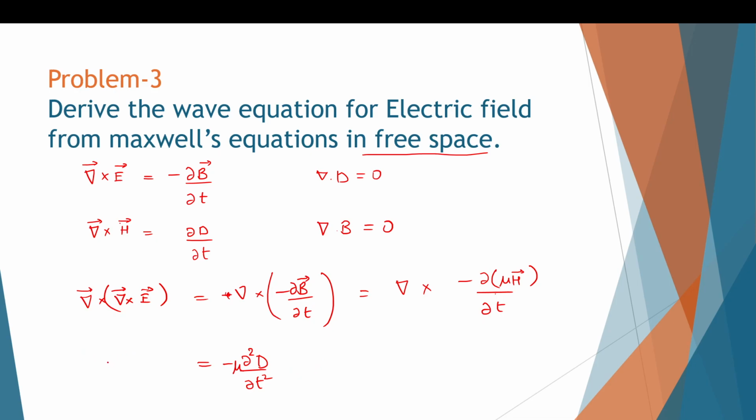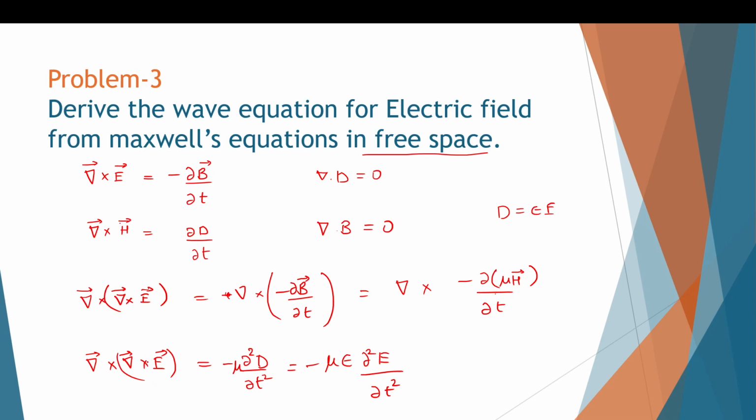So then I have this as del cross del cross E. I'll just convert this D to E so that I have everything in terms of E. That will be nothing but minus mu epsilon, so remember that D is nothing but epsilon E, assuming that my epsilon is not changing with time. So now I have everything in terms of E.